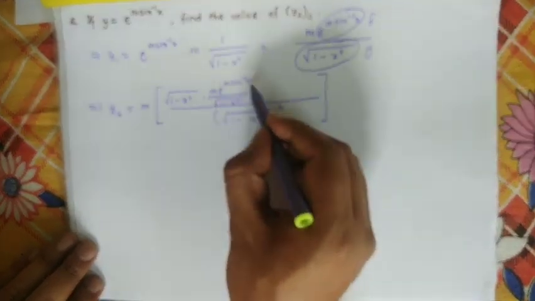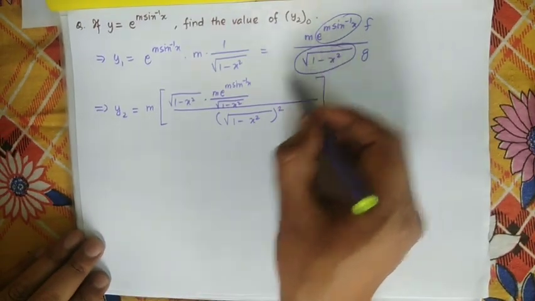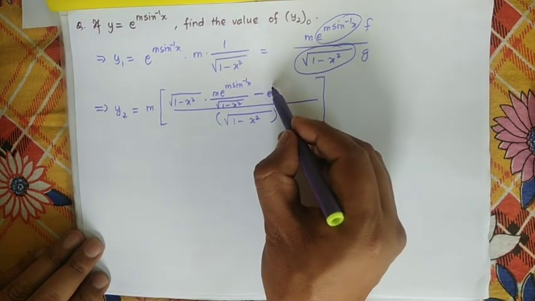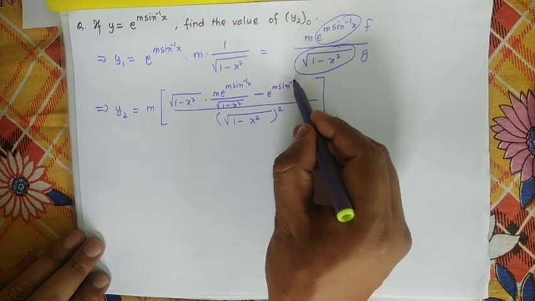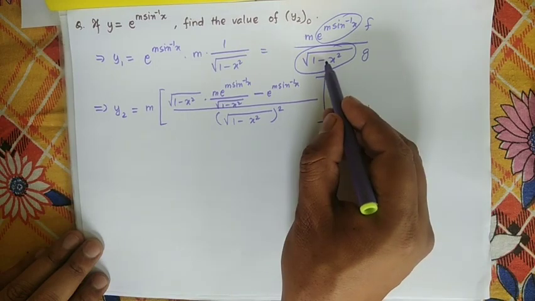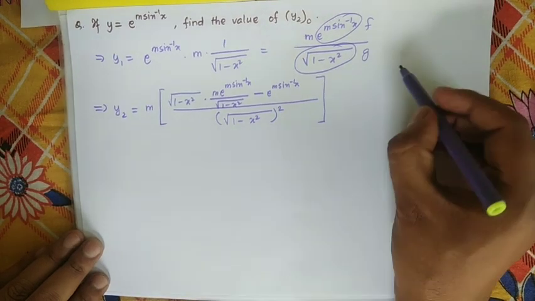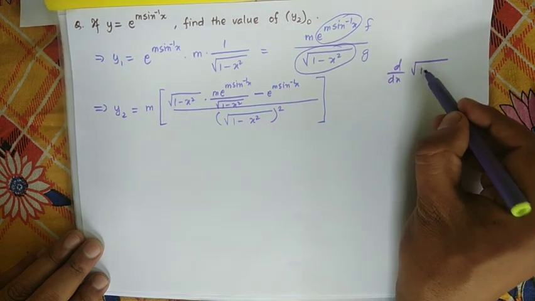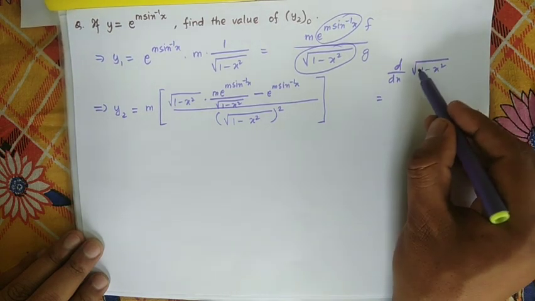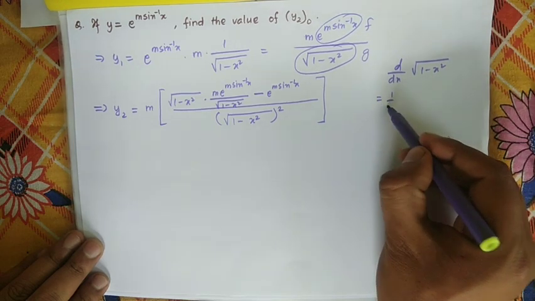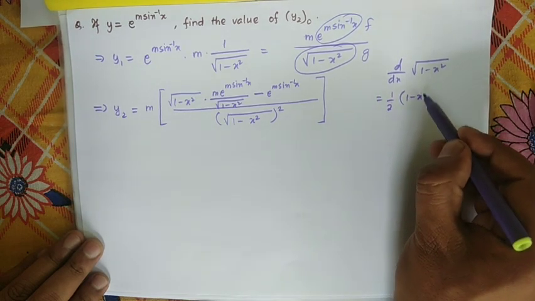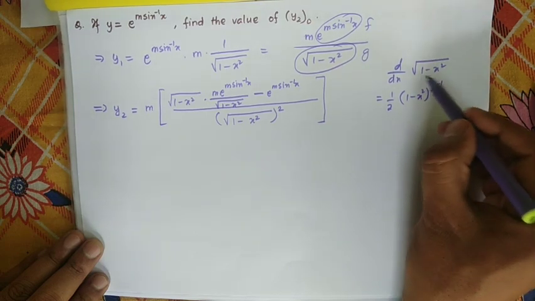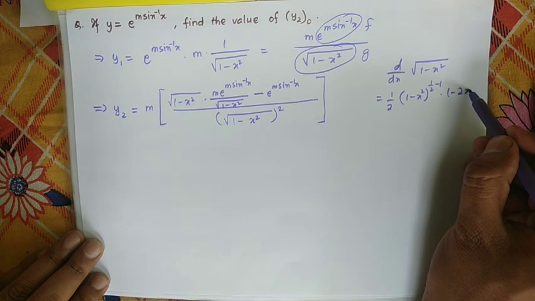Okay, so this is differentiation of numerator minus, now this numerator remains as it is, that is e to the power m sine inverse x, and we need to differentiate root over 1 minus x square. So if I differentiate root over 1 minus x square, let's see how much do I get. So here the power is half, so that's why this power comes in front. So I have 1 minus x square to the power half minus 1, into, now we'll differentiate the inner part, and it will be minus 2x.